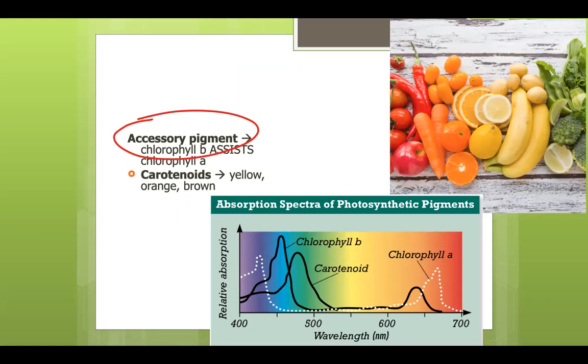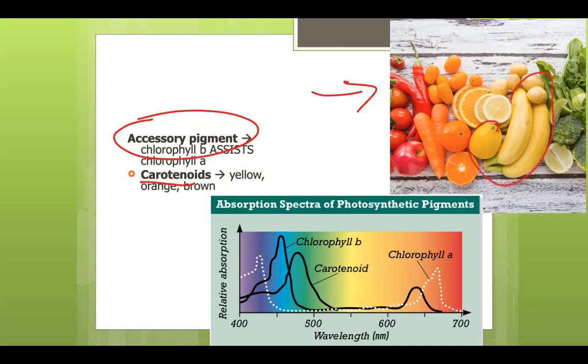And here I've got the picture of why carrots are orange, because they reflect orange. They contain something called beta carotene, which comes from carotenoid, and it absorbs all the blues and greens and only the high wavelength red, but it reflects orange, which is why it appears orange.